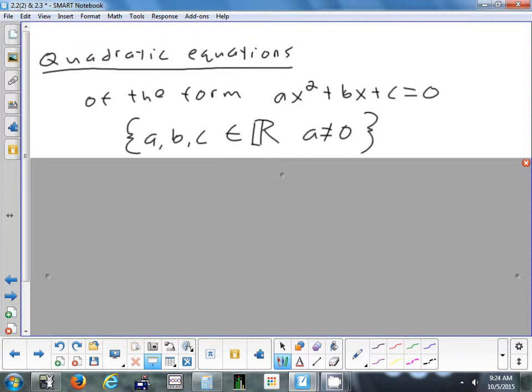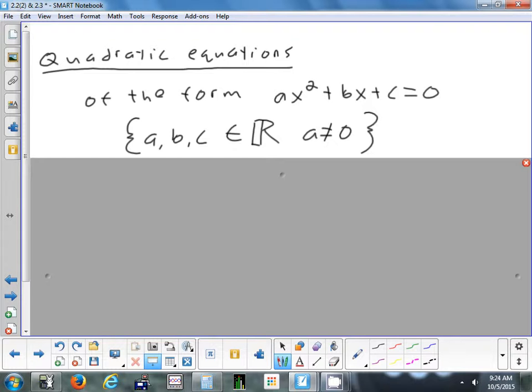Okay, so quadratic equations can look something like this: ax squared plus bx plus c, and you could get it equal to 0, so you could have like 3x squared minus 5x plus 6. That's an example. A, B, and C can be any real number that you want, except I'm saying A can't be 0.